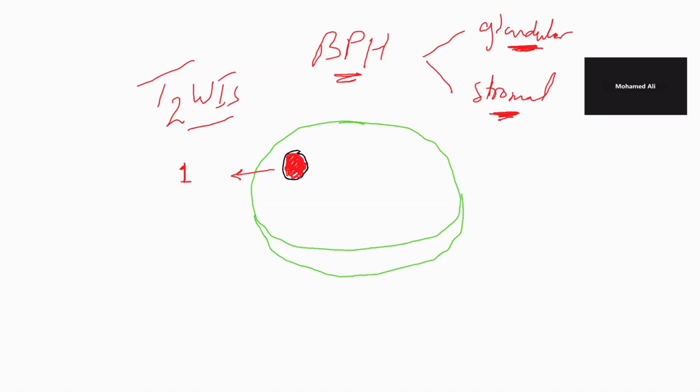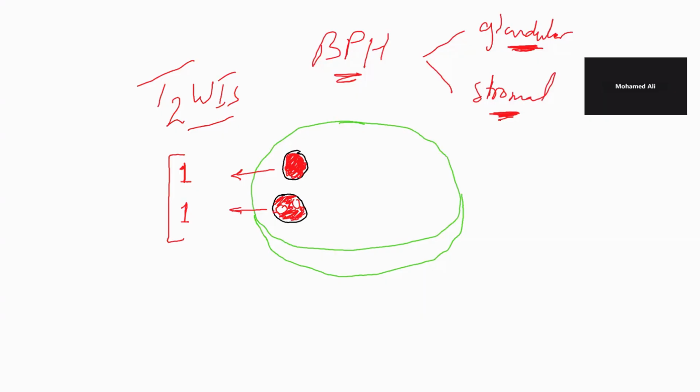Sometimes we have the same nodule with small cystic changes inside it, displaying bright T2 signal. This is also score 1. So these are the typical features of prostatic nodules.